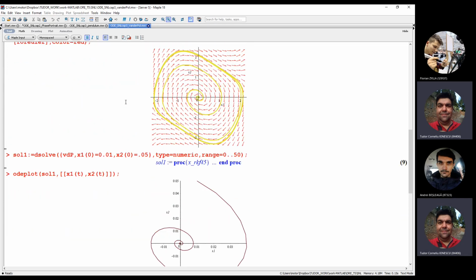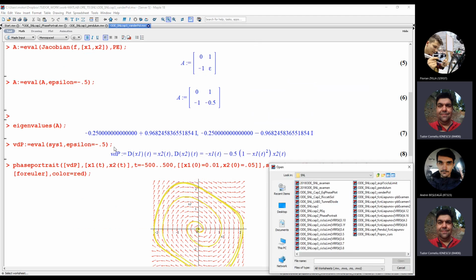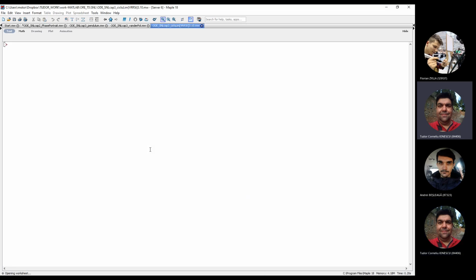Here there is. I know I've got examples with the implementation of the polar coordinates. Can't find them for the time being. Here.